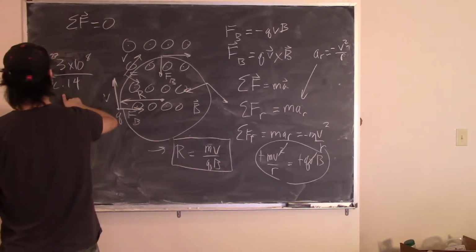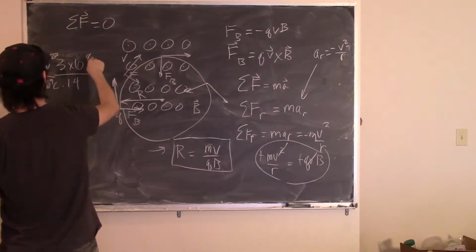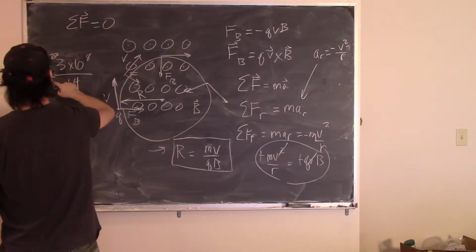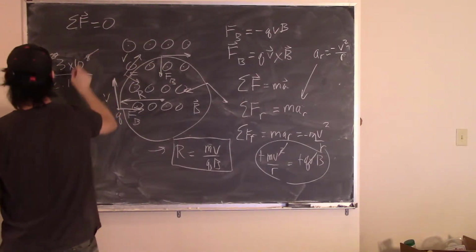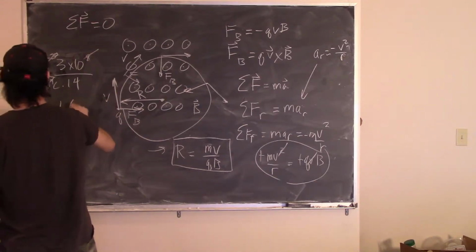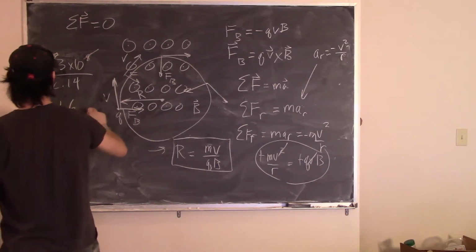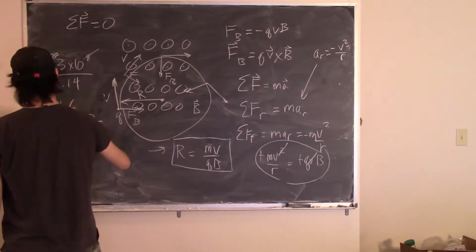This is going to cancel really nicely because this 8 makes this a 19. So all of my factors here go away. This is 1.6 divided by 1.6, 3 divided by 14.